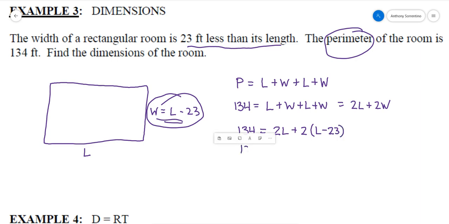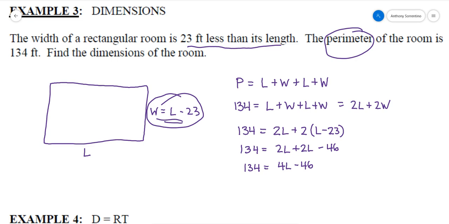So I would have 134 equal to 2L plus 2L minus 46. And so 134 equals 4L minus 46. So now I'm into an equation that can be solved. I got it simplified as much as I can.